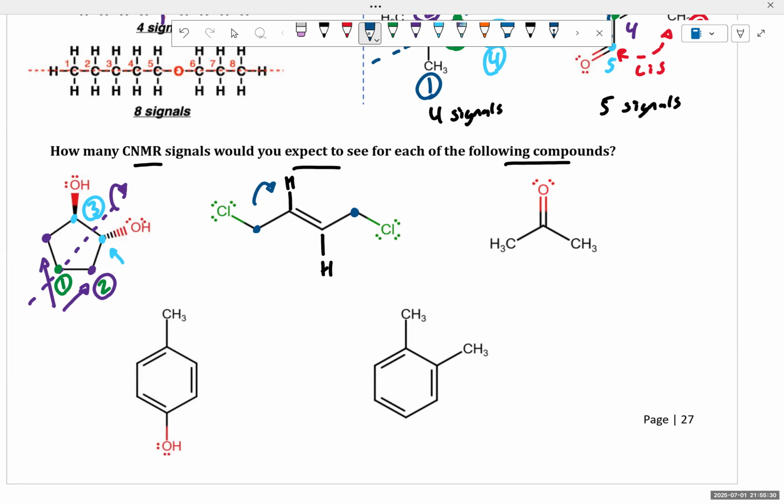If we rotate this molecule, essentially if we wanted to draw this axis, we're rotating this molecule 180 degrees vertically and then 180 degrees horizontally. And as a result, these two carbons are equivalent and would be one signal.